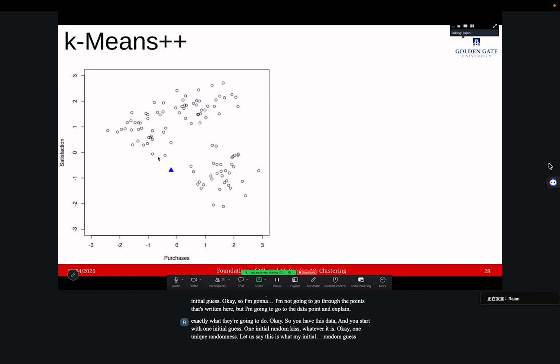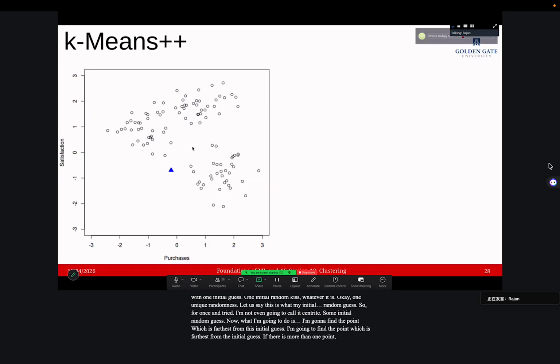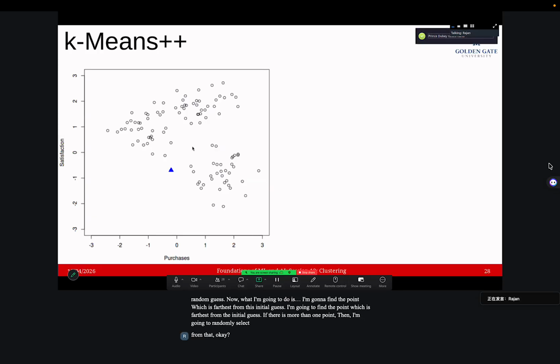For one centroid, I'm not even going to call it centroid, some initial random guess. Now what I'm going to do is find the point which is farthest from the initial guess. If there is more than one point, then I'm going to randomly select from that. Okay? Yes, Prince Dubey.